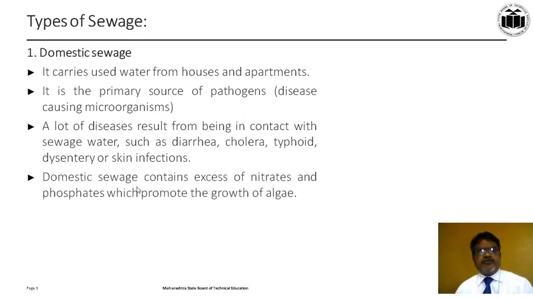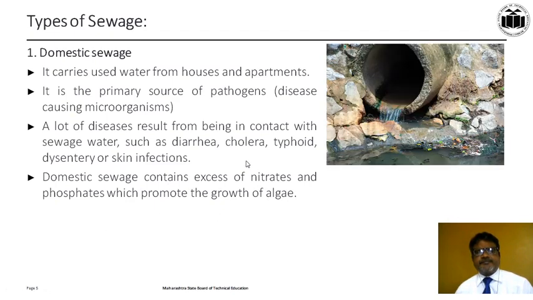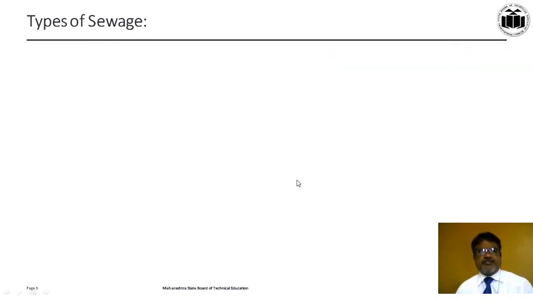The domestic sewage contains excess of nitrates and phosphate, which promote the growth of algae. From this picture, you can imagine the domestic sewage. Domestic sewage means the liquid waste which is generated from domestic facilities, that is houses and apartments.